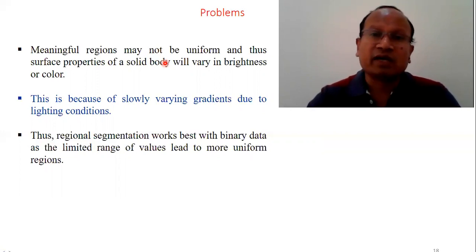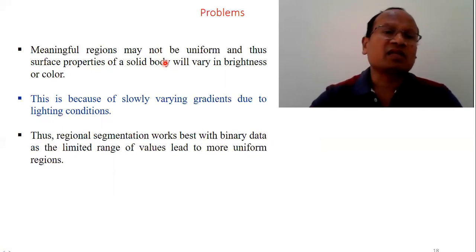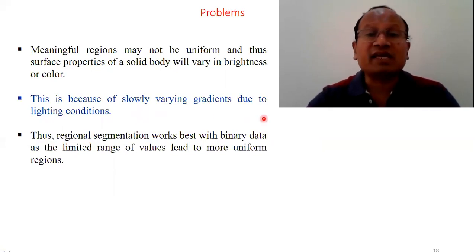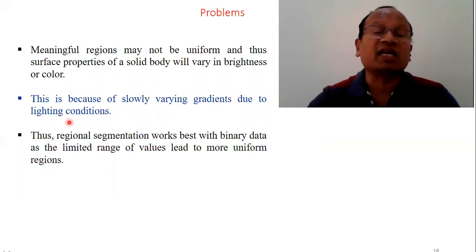Deciding a meaningful region is a difficult question in split and merge, and is a general problem in any segmentation. This is because of slowly varying gradients due to lighting conditions, which happen because of poor illumination while capturing or acquiring the image.